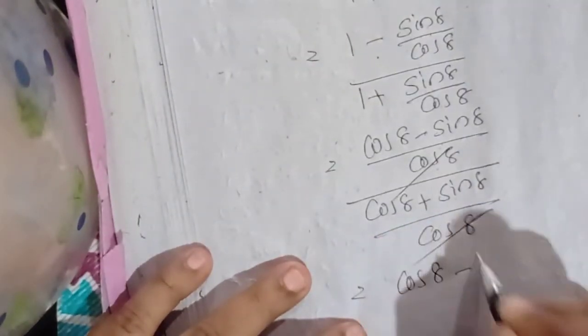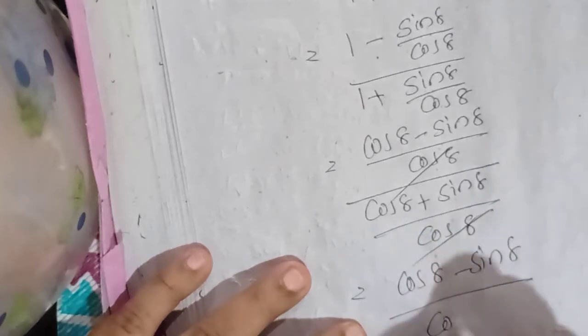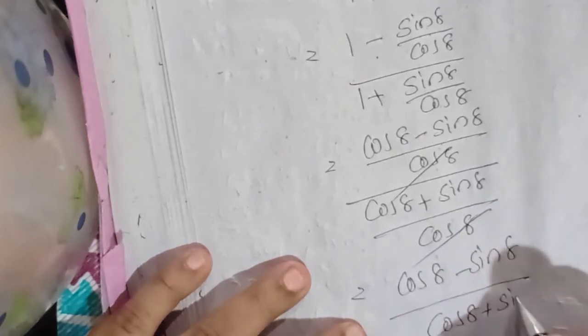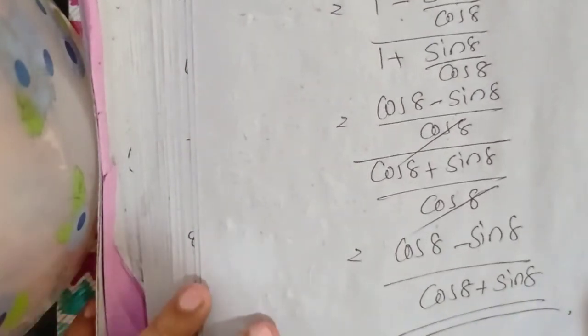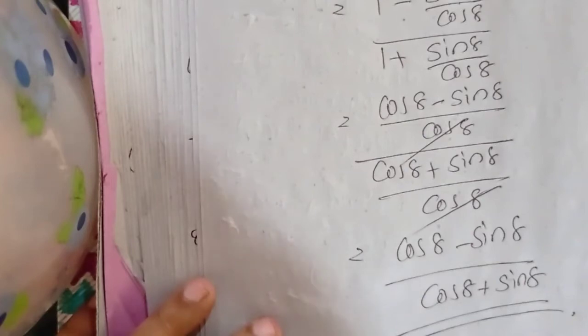Cos 8 minus sin 8 by cos 8 plus sin 8. Right now.